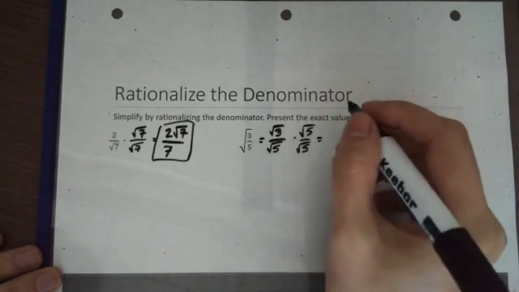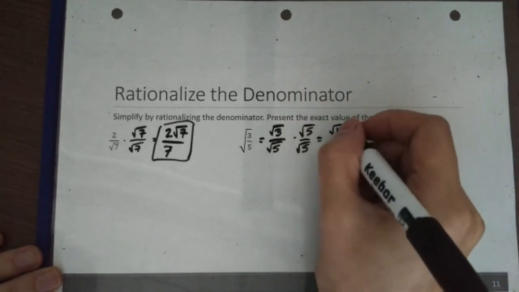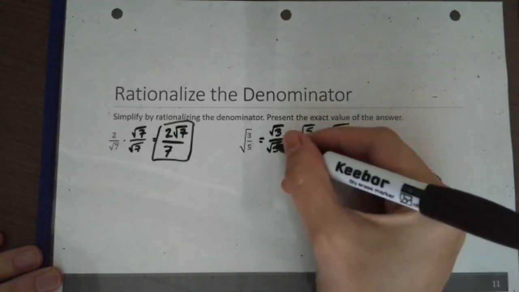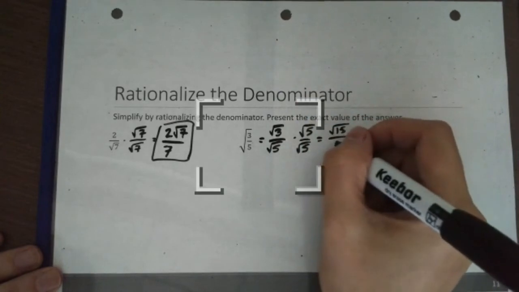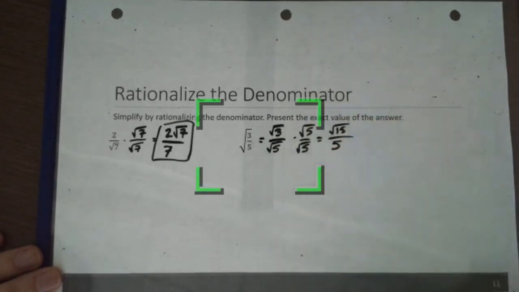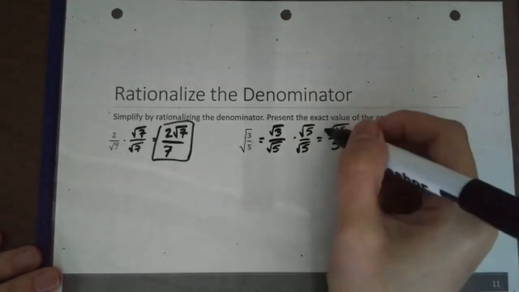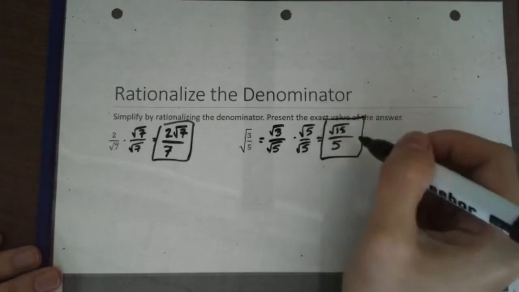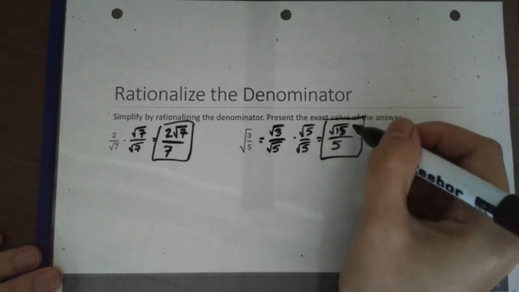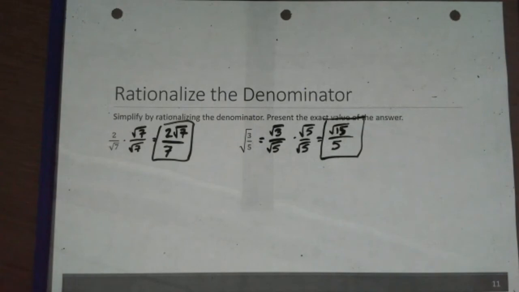The square root of 3 times the square root of 5 is the square root of 15. And the square root of 5 times the square root of 5 is the square root of 25, which is just 5. We cannot simplify this fraction. That 15 is under a radical. We can't simplify it unless the denominator is under a radical as well. So that's it. We're done.